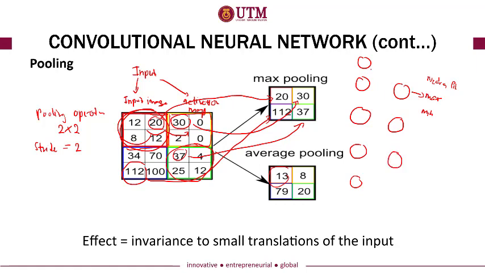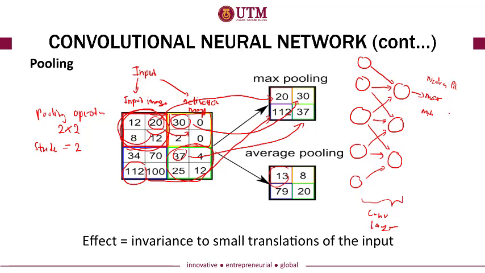Assume this is convolution. As you can see, we are not fully connecting each and every previous neuron with the adjacent neuron. This is the output of convolution between these 3 neurons. This one is the output of convolution between these 3 neurons, and this one is the output after you do convolution between these 3 neurons. So this is the convolutional layer.